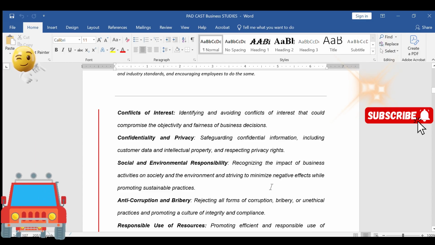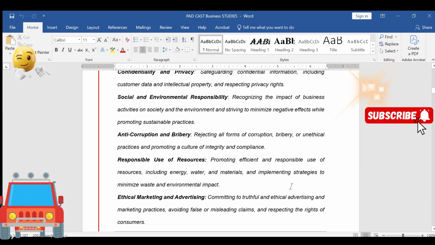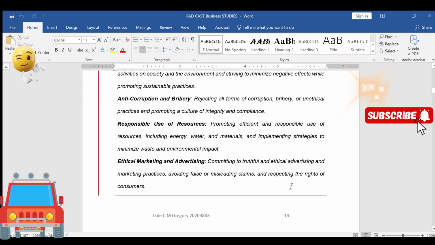Conflict of interest. Identifying and avoiding conflicts of interest that could compromise the objectivity and fairness of business decision. Confidentiality and privacy. Social and environmental responsibility. Anti-corruption and bribery. Responsible use of resources, ethical marketing and advertising, very important.